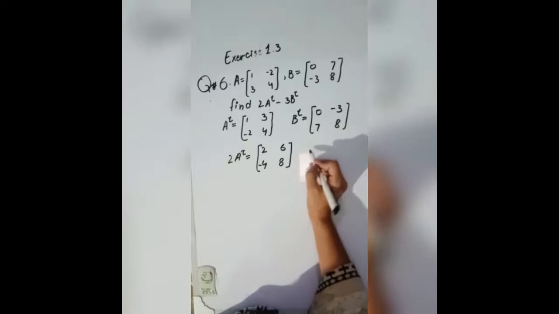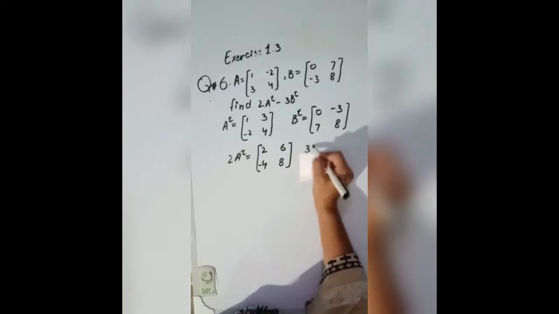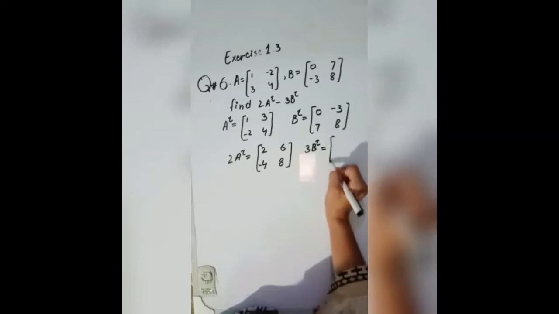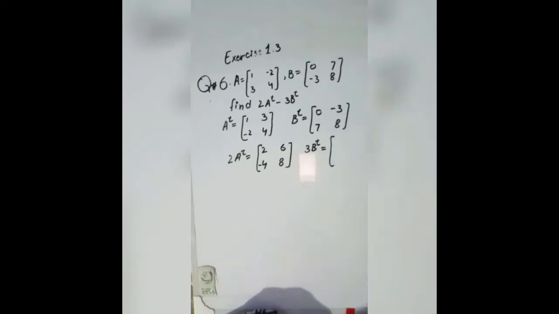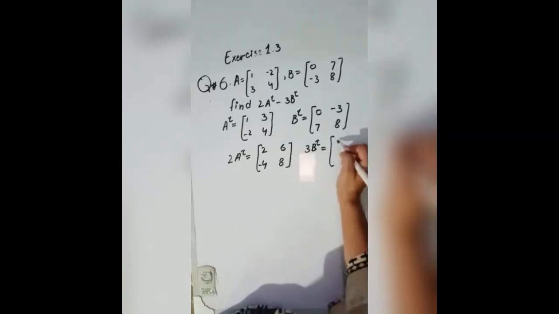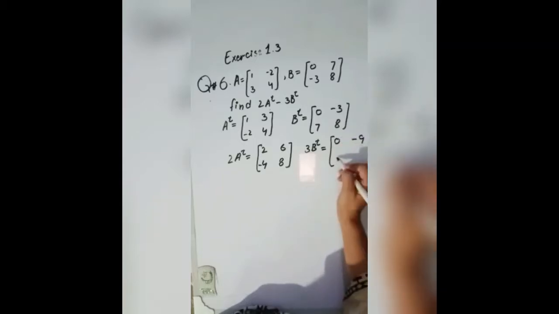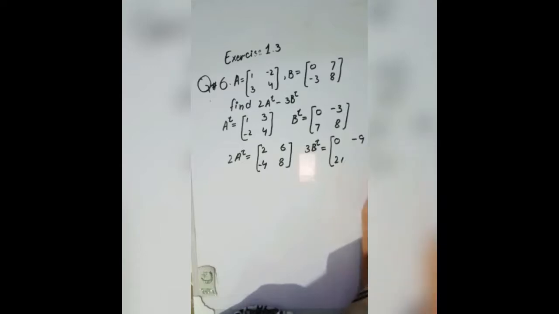Now we have to find 3B transpose. We have to multiply 3 with all the entries of B transpose. So here we get 0, minus 9, 21 and 24.